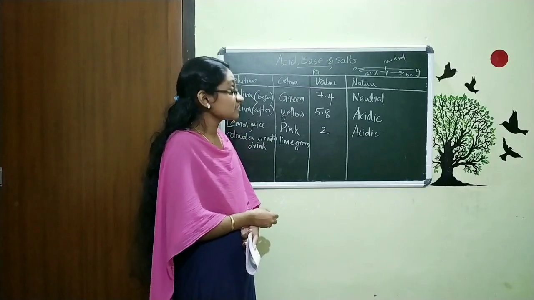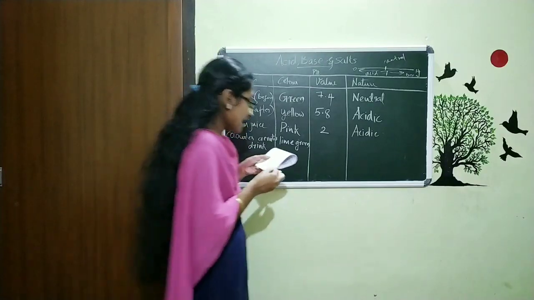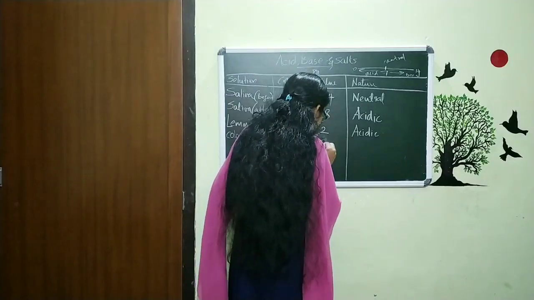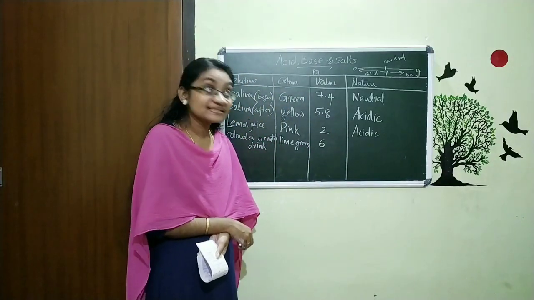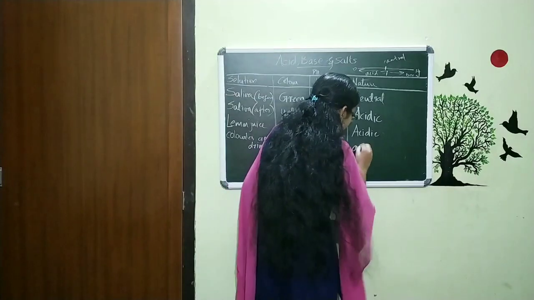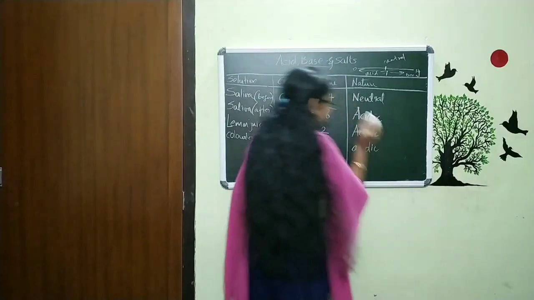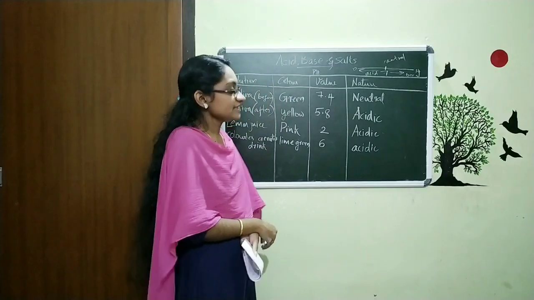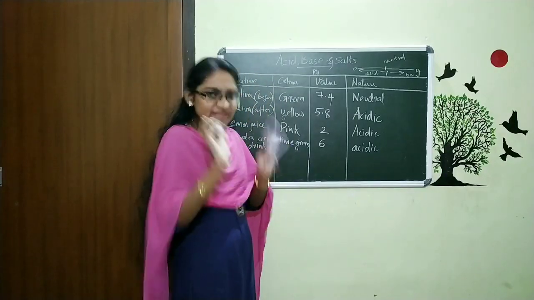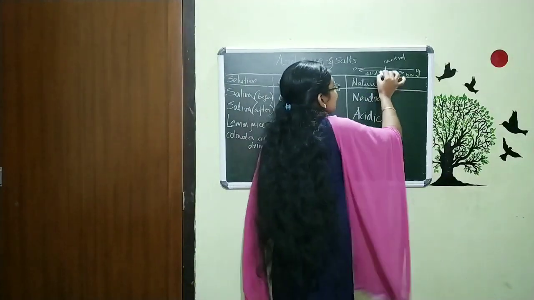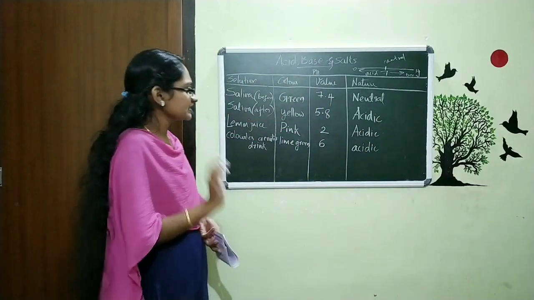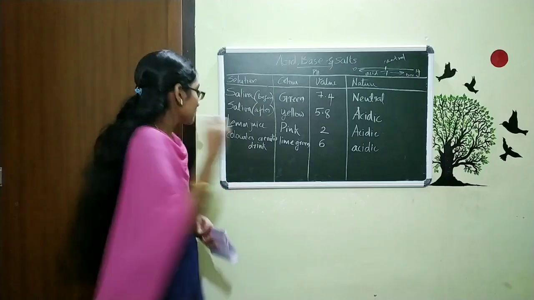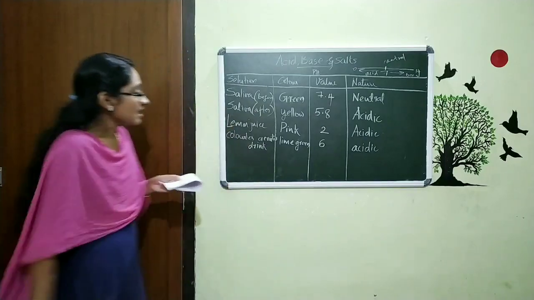And when I measure the value of the pH, I get 6. That means we still have acidic nature, but it is a weak acid. It is approximately near neutral, but it has some H plus ions, and we can say it is a weak acid. That is about the colorless aerated drink.